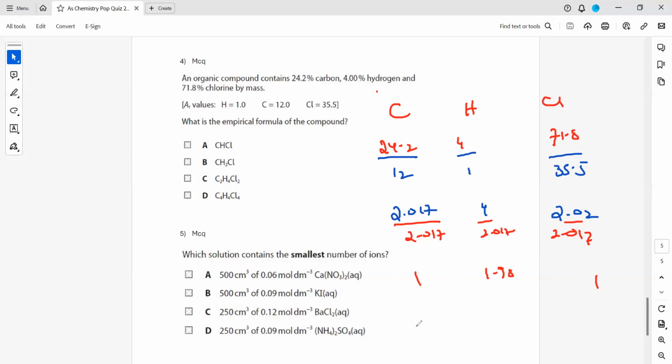So 1 carbon, 2 hydrogen, and 1 chlorine, so it should be B.